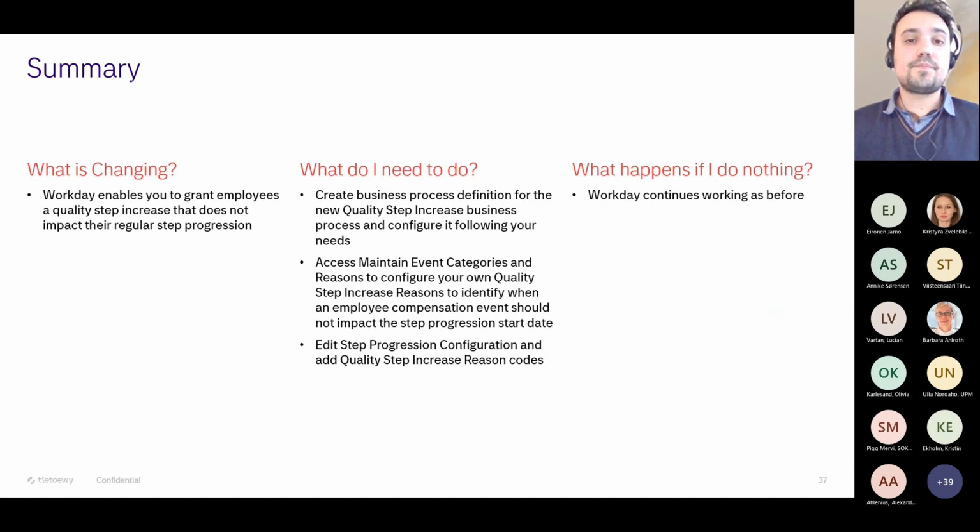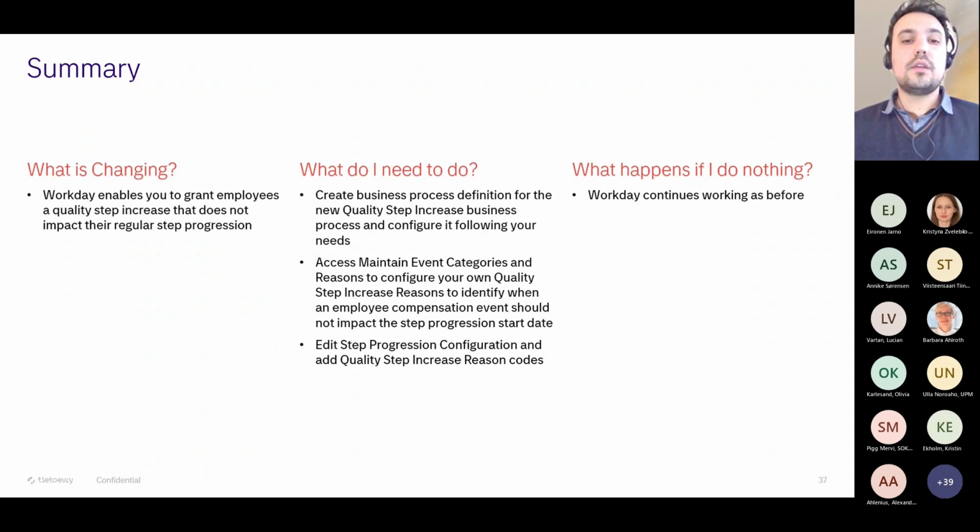to be impacted. So what you need to do is create a new default definition for this quality step increase and configure it following your needs. If you need just the initiation step, or if you want any review approvals, it's completely up to you. But remember to of course maintain the business process security policy. You need to access maintain event categories reason and configure your own quality step increase reason.